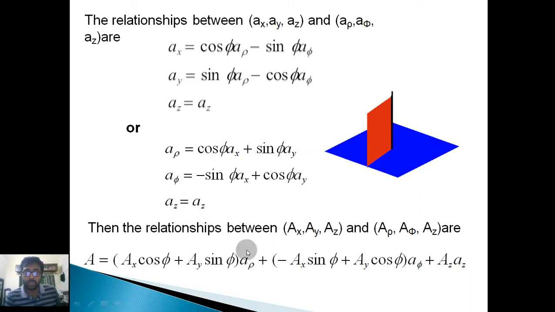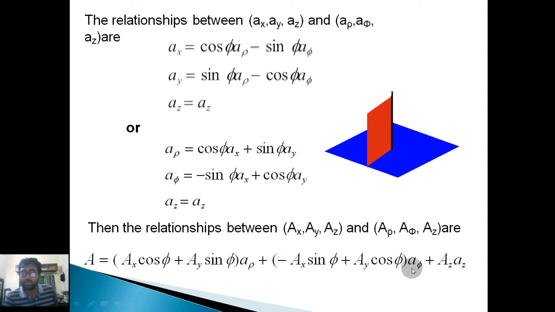This is the vector along the rho axis; the value of a suffix rho is equal to this. We put this value here, and we put the value of a suffix phi here. Now if we take the summation of these three values, this is along the rho axis, this is along the phi axis, and this is along the z axis. This is similar, that's why both are similar.